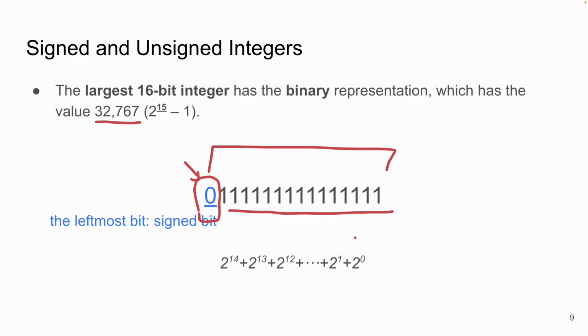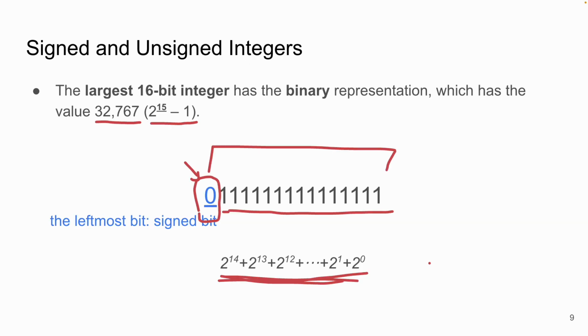I also wrote down a quicker way to calculate this number. This is the traditional way to calculate the decimal number of this binary number, right? We just add all these numbers together. Because all the digits are 1, we don't need to write down 1 multiply 2 to the power of 0, 1, 2, 3, till 14 all the time, so we just write something like this.